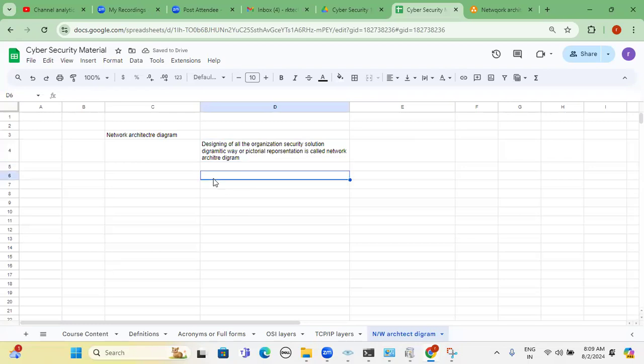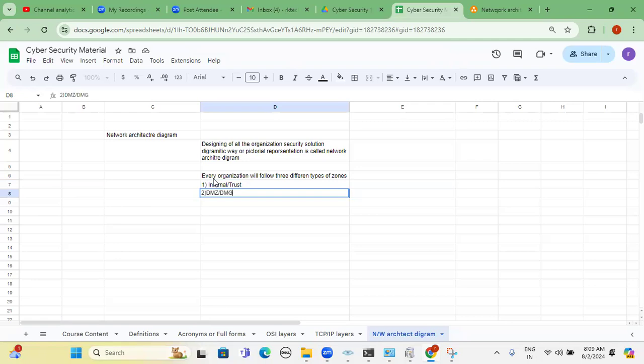So every network architecture diagram follows three different types of zones. The first one is internal, which is also called trust. The second one is DMZ, whose full form is demilitarized zone.